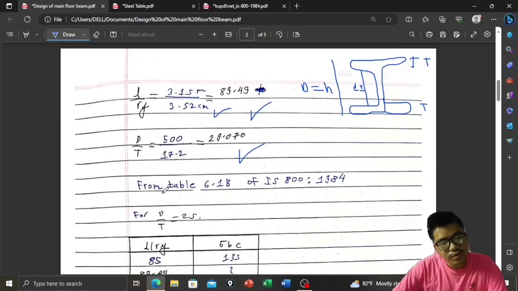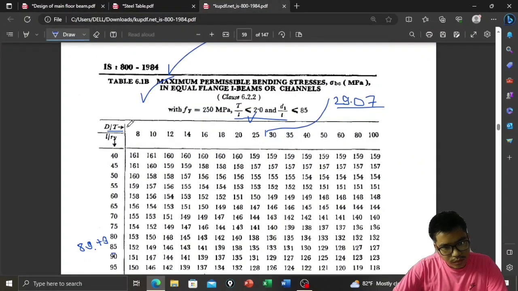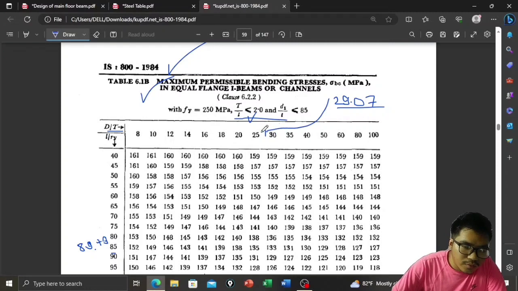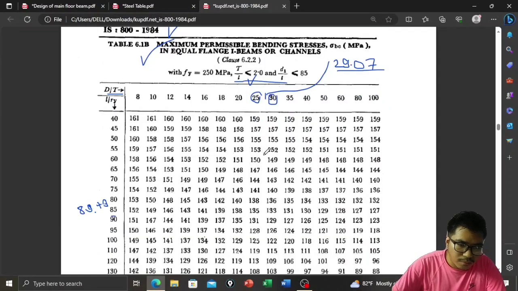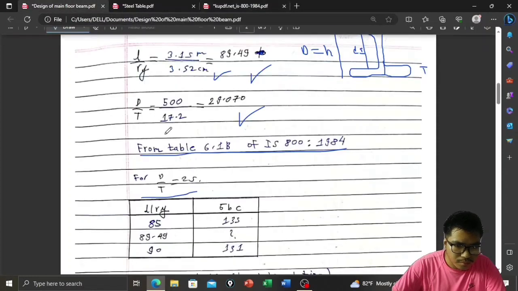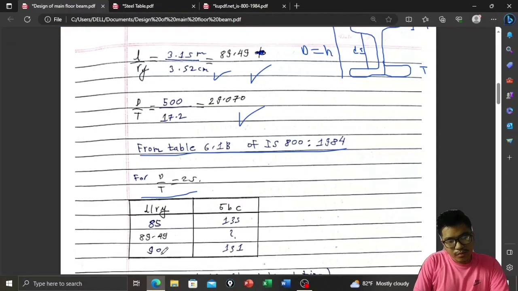From table 6.1b for d by t 25. For this d by t 25, first we take 25 and second we take 30 because it lies between 25 and 30. The L by ry value is 89.49, which is between 85 and 90. So this we have to calculate.